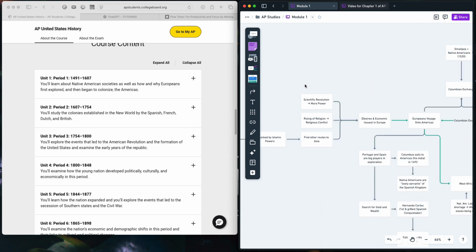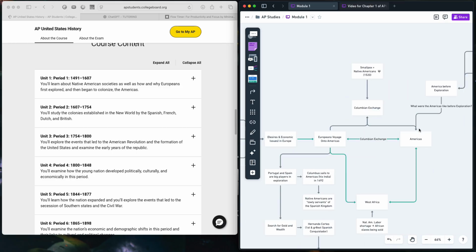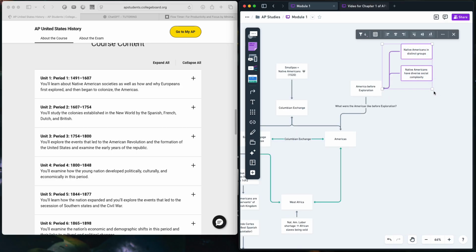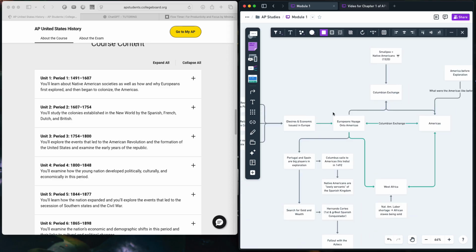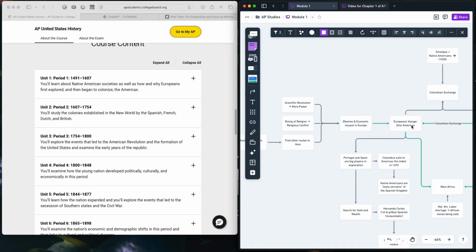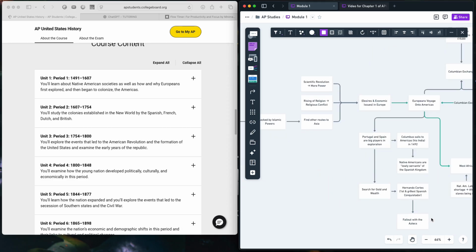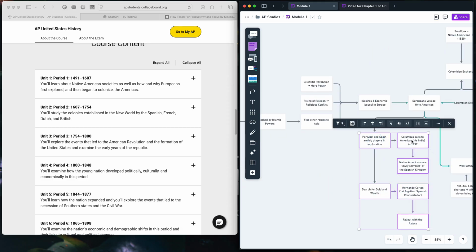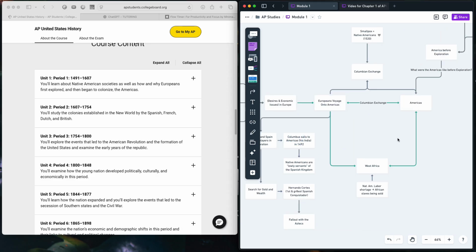So what were some big points? We can see that this is Native America before exploration. What else? Desires, economic Europe. So in my head, when I look at this again, I should be able to immediately say, hey, we're looking at the exchanges that occurred between Europe, West Africa, and the Americas.